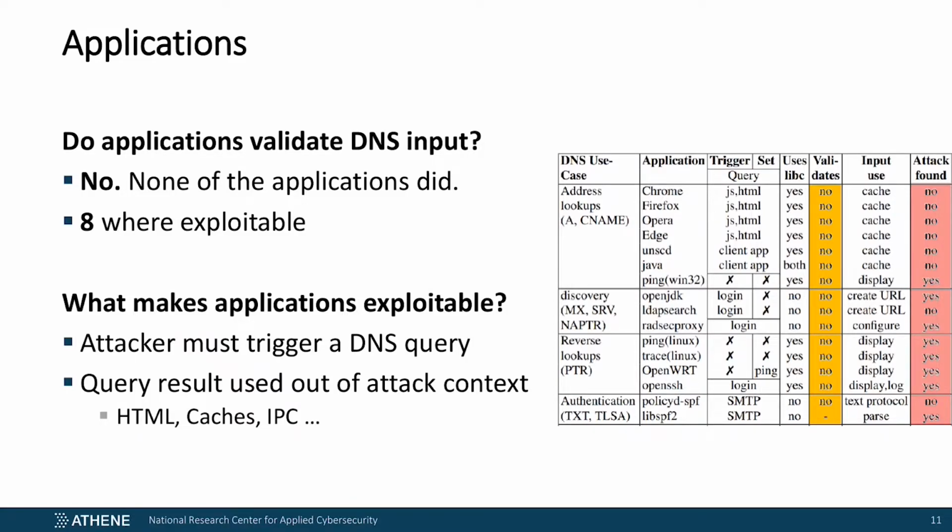And since there are also 2 other components, the stub resolver and other resolvers, most of the application developers we talked to in our study weren't aware that this is an attack vector an attacker can use to inject data into the application, because they thought there are other components which should validate the input.